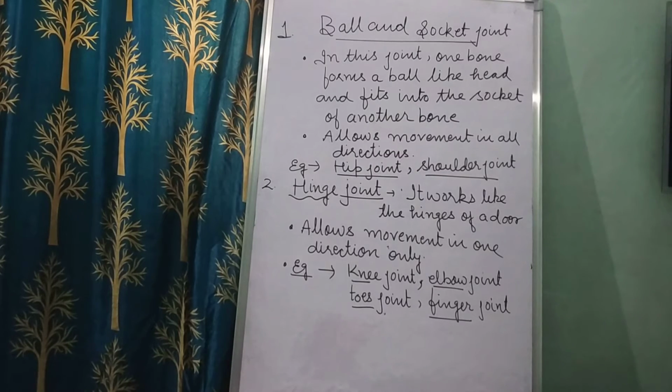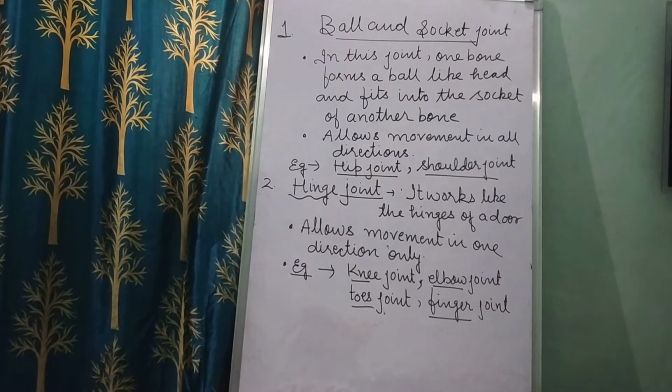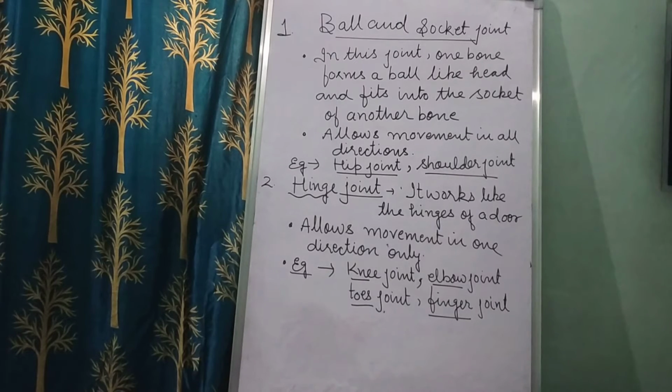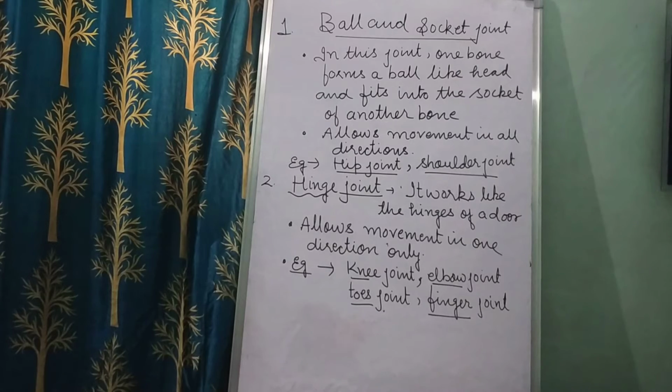For example, when we move our arms, they are moving because of the elbow joint, and that is a hinge joint, which is present in our elbows, which allows us movement in the upward or downward direction, right? So either we can lift our arms up or down with the help of the joint. So that is called a hinge joint.